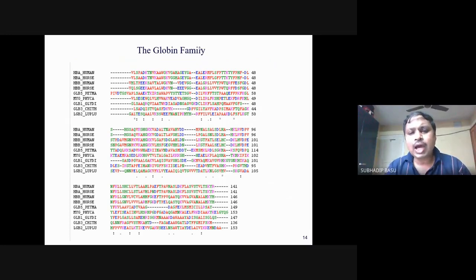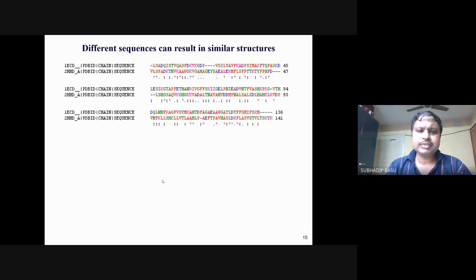There are a significant number of proteins from the globin family which more or less do the same function, from human to horse, across different organisms. But you can see that the conservation is not much there, so they are often significantly different. It's not always conserved.